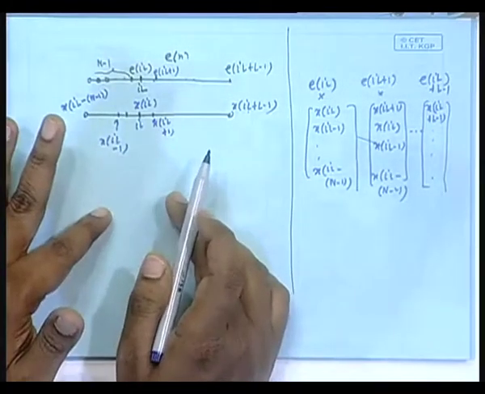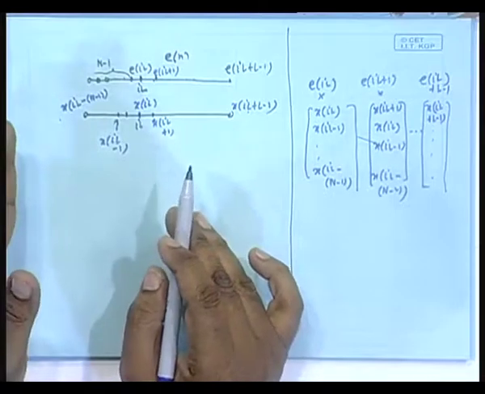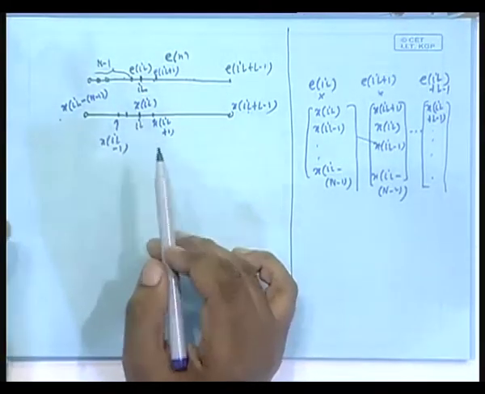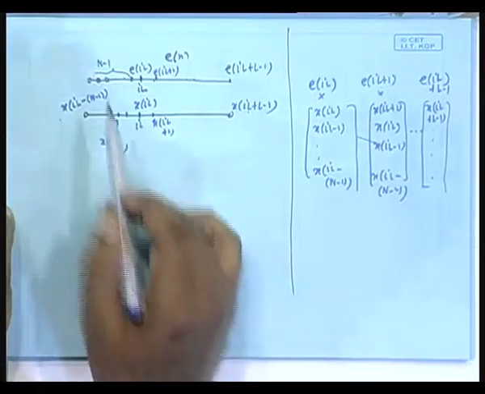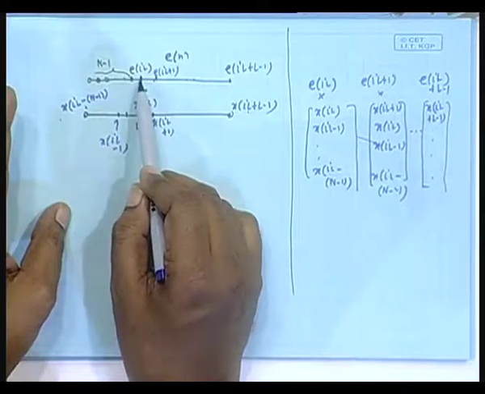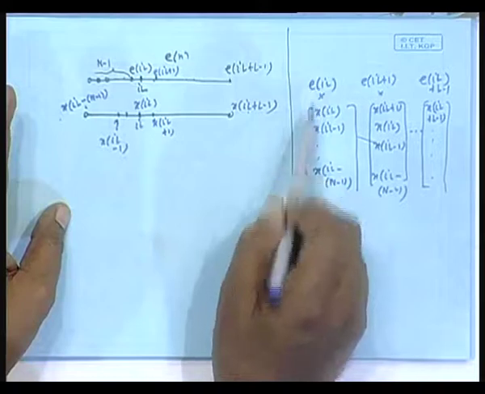Then I shift it further, again let any garbage come. So, I will go on shifting how many times? Just n times. 0 shift, 1 shift, up to n minus 1 shift. After n minus 1 shift, this guy will come below this E_iL.